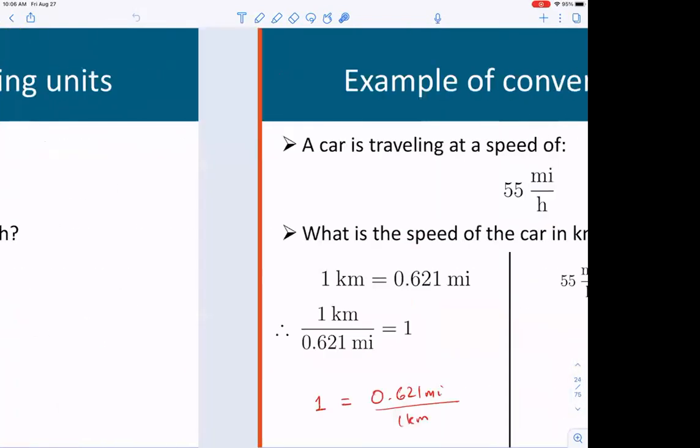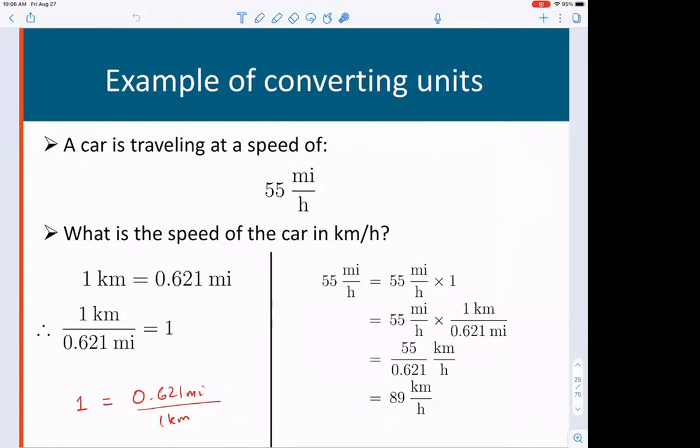So we did some unit conversion problems last time, so let me just do a quick recap here. For example, if we want to convert 55 miles per hour to kilometers per hour, you can look up in Google that a mile is defined such that there are 0.621 miles in 1 kilometer.